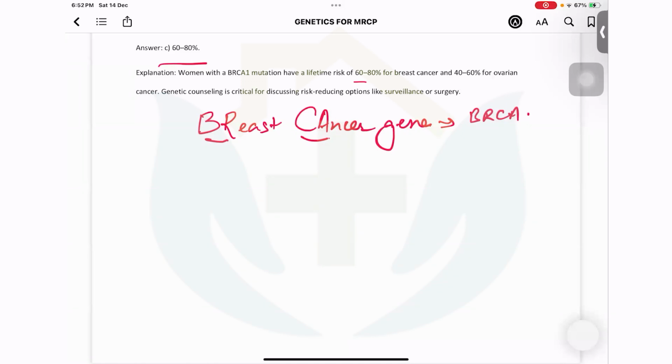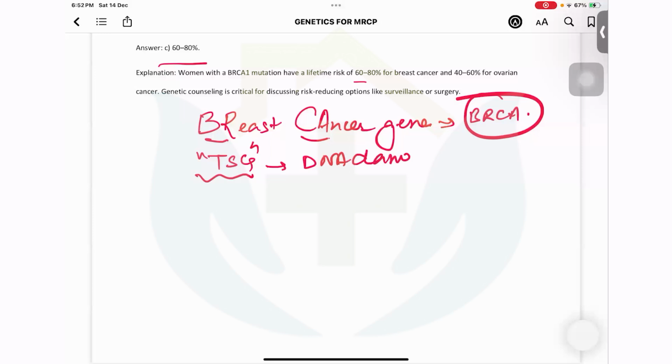They are basically tumor suppressor genes. Okay. So they are involved in DNA damage repair. So imagine if these deficiencies or mutations are there, they will lead to breast cancer. Okay. So what kind of cancers patients have? Breast and ovarian cancers.